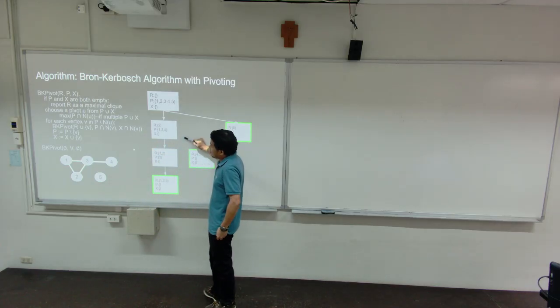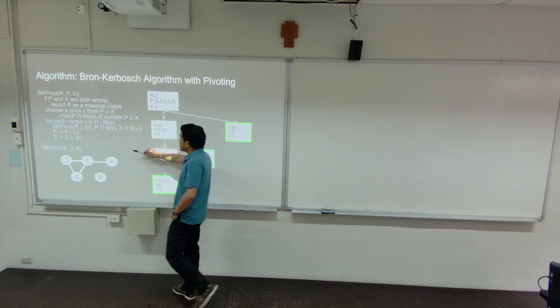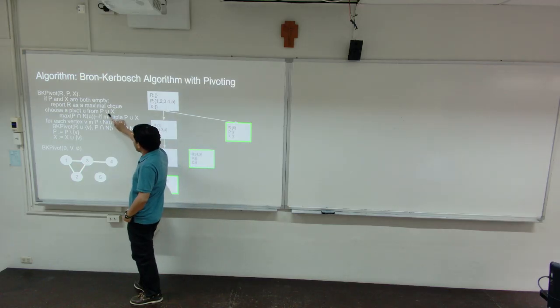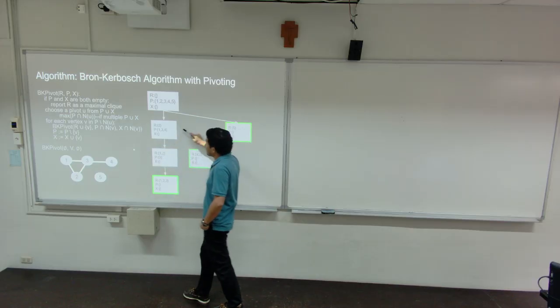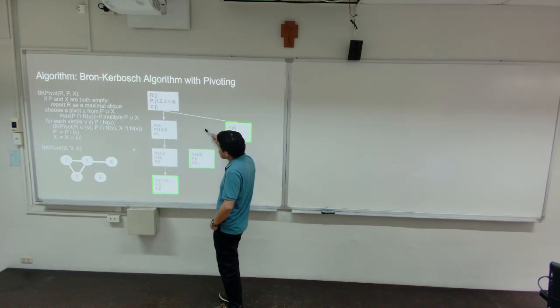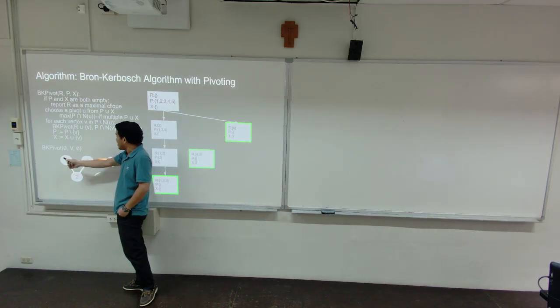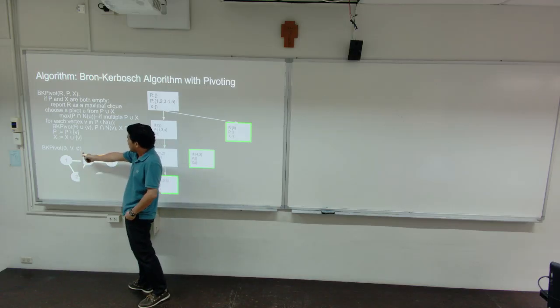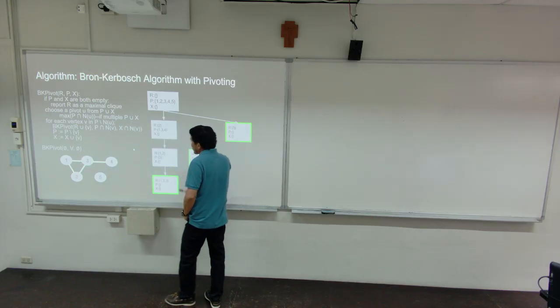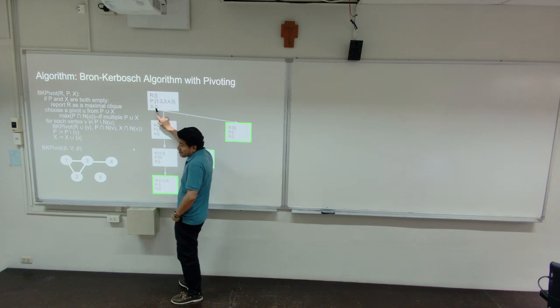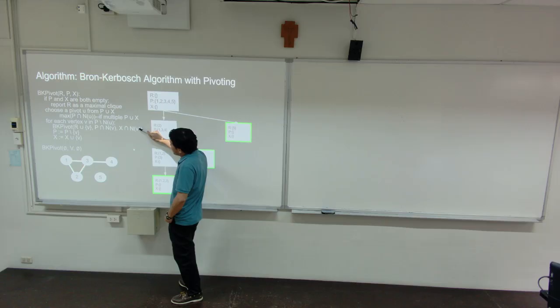As you can see, you need to choose a pivot and get a value u from the union of P and X. So let's start first with our initial input, which is null, all vertices, and null. Which will result to the following R, P, and X as our first instance of our recursion.